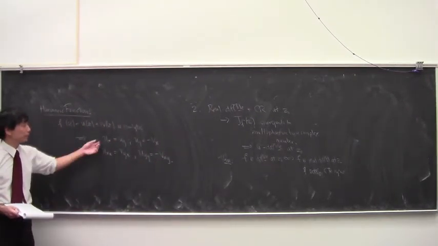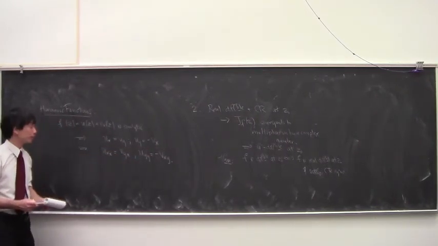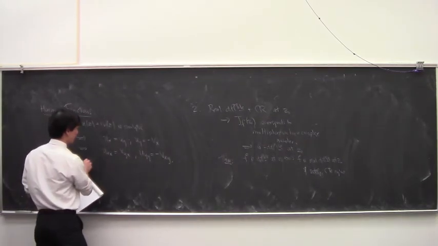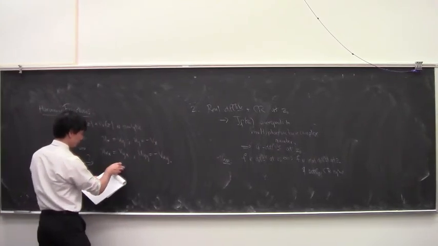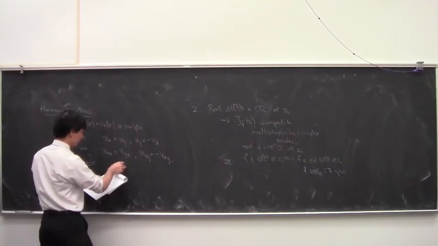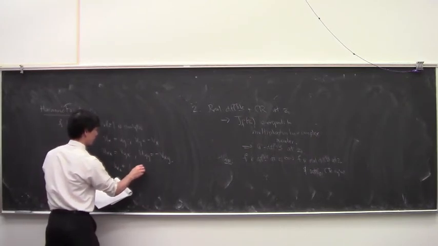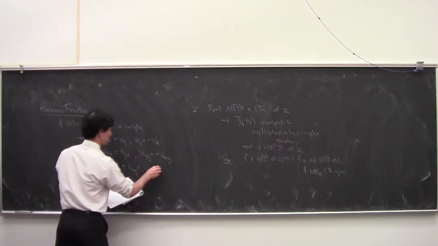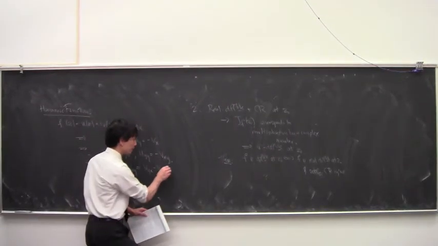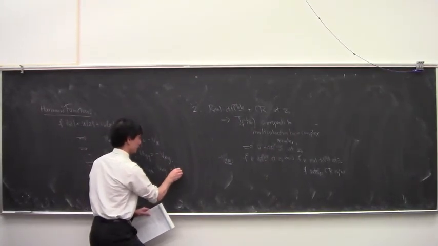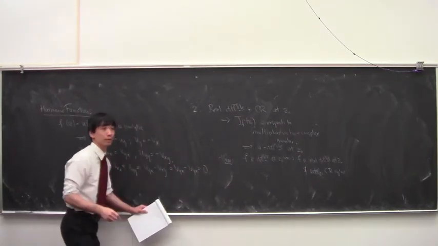If you take partials with respect to x and partials with respect to y further, then, and this is a little bit fishy, you see that u sub xx plus u sub yy equals v sub yx minus v sub xy, which under certain conditions are the same thing, so you get 0.